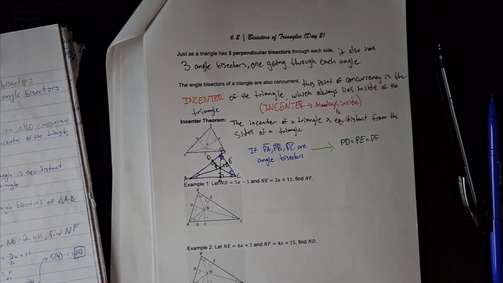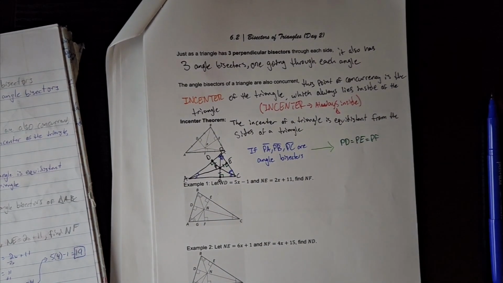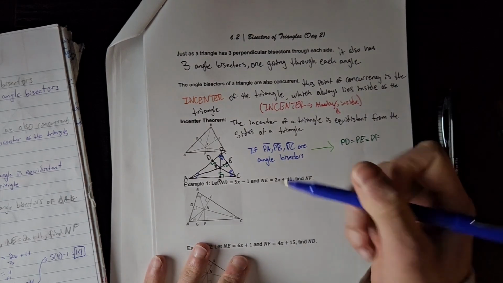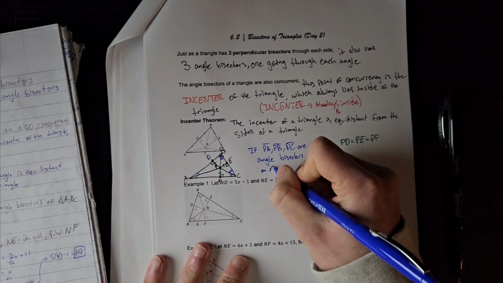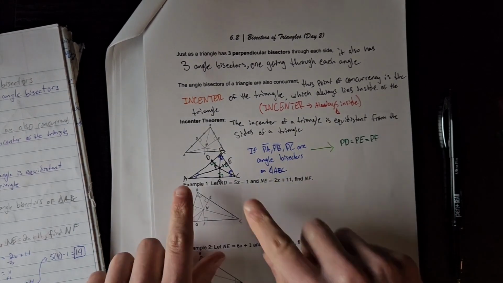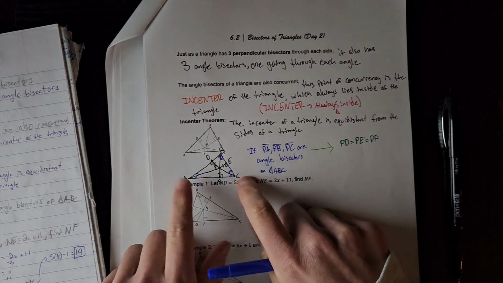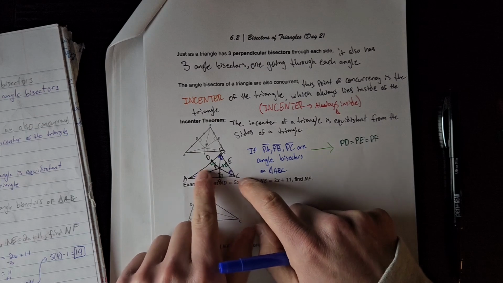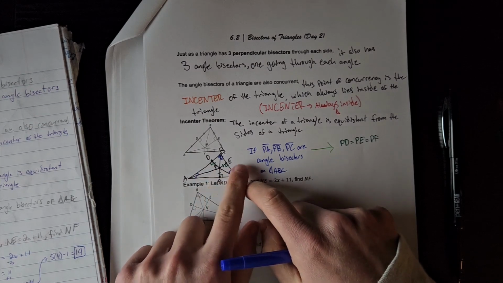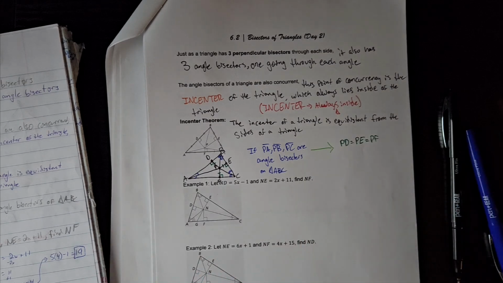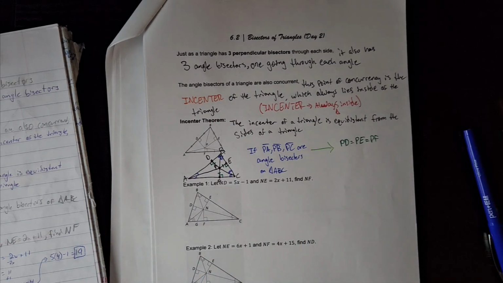That's what that theorem is stating, on triangle ABC. So if we have angle bisectors coming out from A, B, and C, then PF, PE, and PD will be the same length.